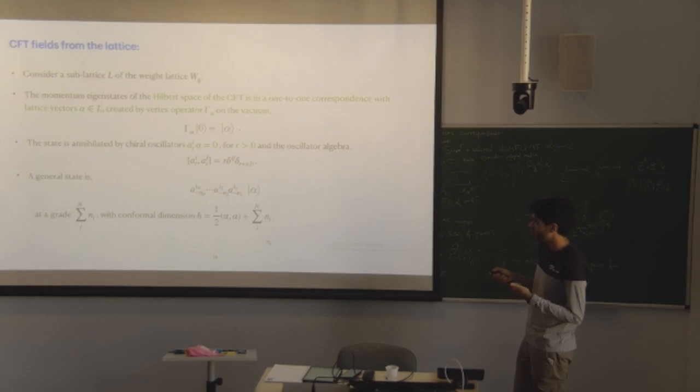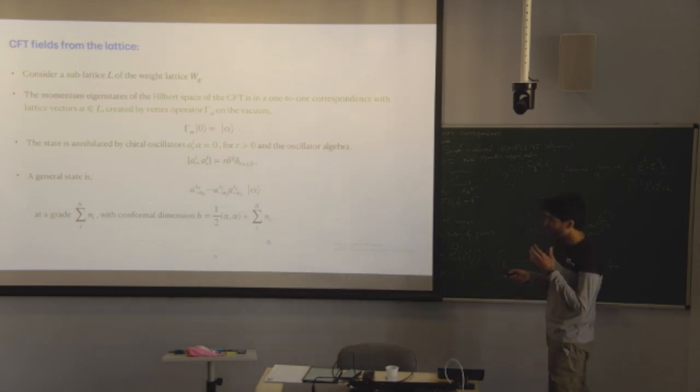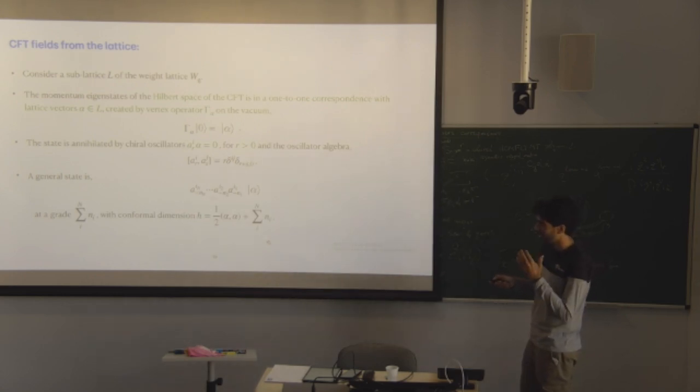But then you can also write chiral oscillators, which is the part written here, which has this algebra, and a general state can then be written as some excitation of the state which you write by acting with the vertex operator on the vacuum. Okay. And then you can define a conformal dimension by defining a grade in your Hilbert space. So this is a graded Hilbert space, and the conformal dimension can be defined by the grade n plus half times the norm of the lattice vector.